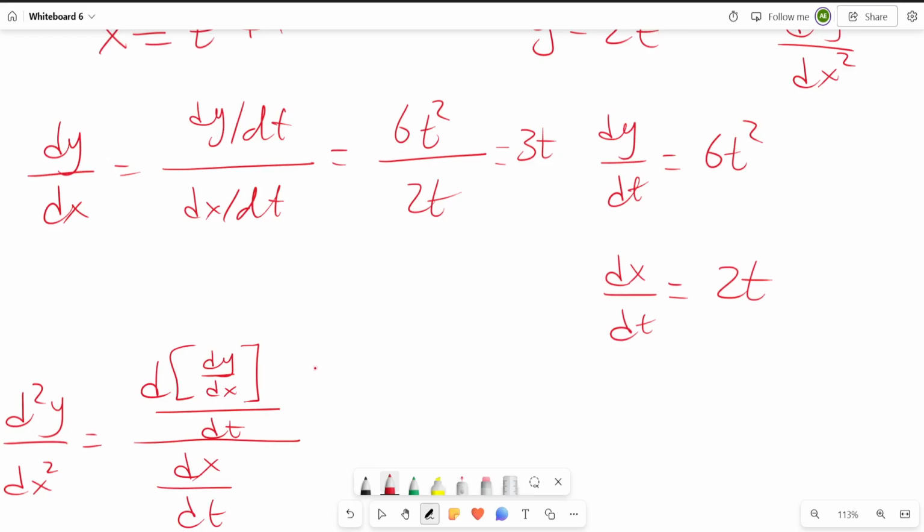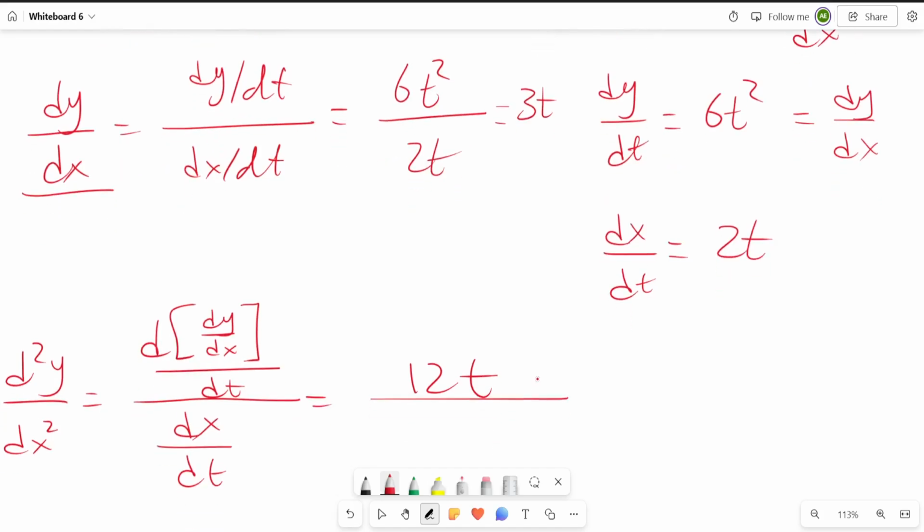So what I need to do is get this part, which is differentiation of dy by dx with respect to t. So this part over here is going to be basically differentiation of this with respect to t, which is simply going to be 12t. So 12t over dx by dt, which is 2t.